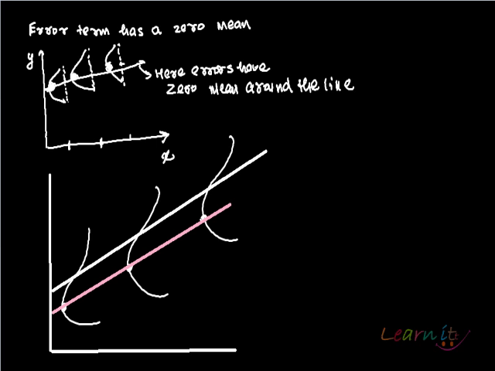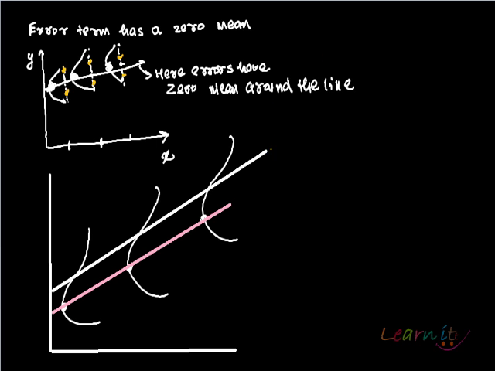All of these are residuals. And what it requires is that on an average, these deviations should be equal to 0.